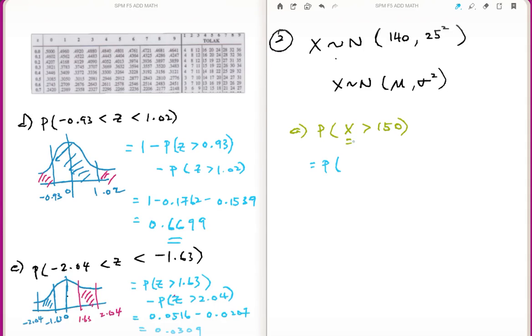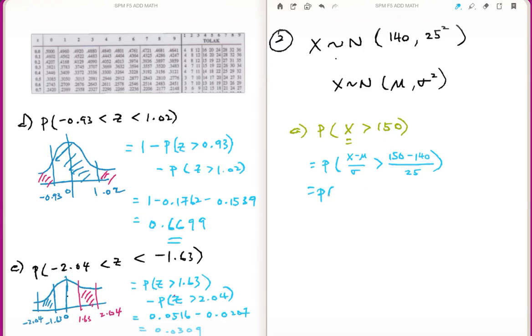You convert it according to the equation given earlier. That would be x subtract mu over standard deviation is more than 150 subtract mu, mu is 140, over standard deviation 25. This is a conversion step.